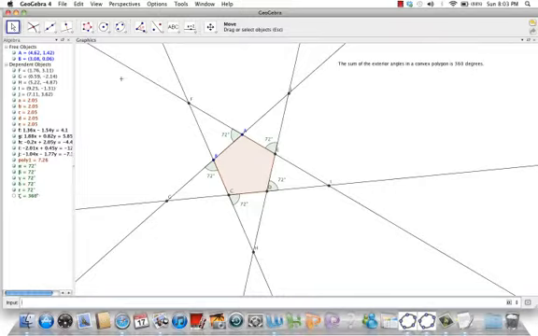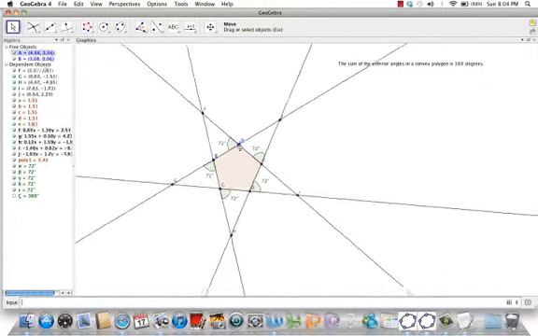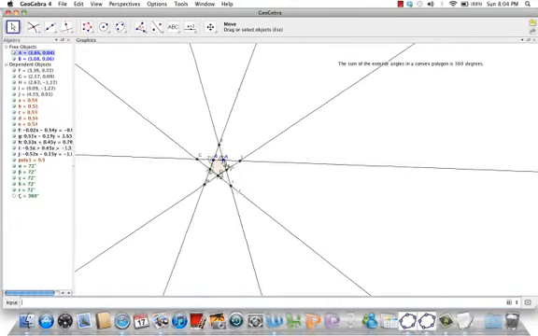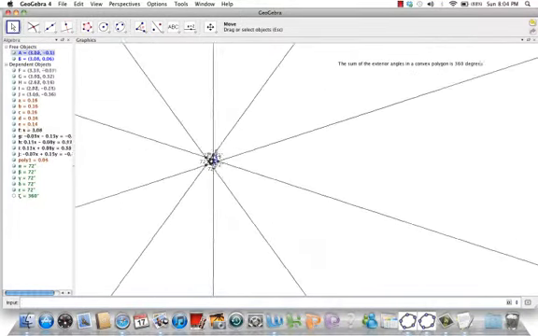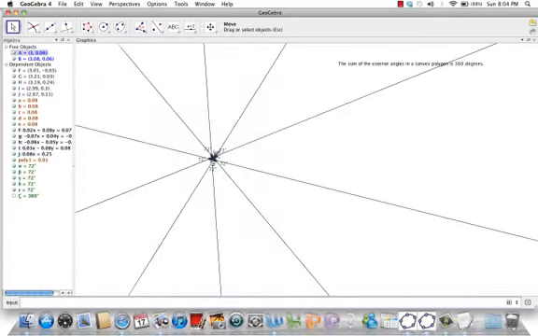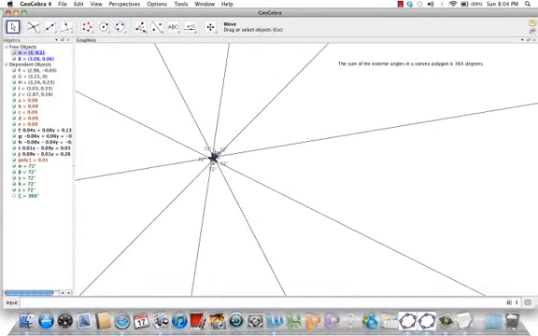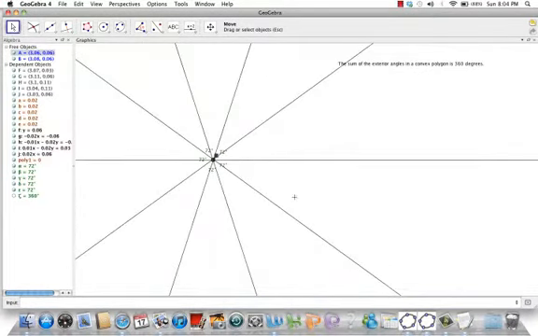Now, how does that work visually? As I said, we choose one of the vertices of our pentagon, and then we move it inward toward the center of the pentagon. See what happens. When they converge to one single point right here, there we go.